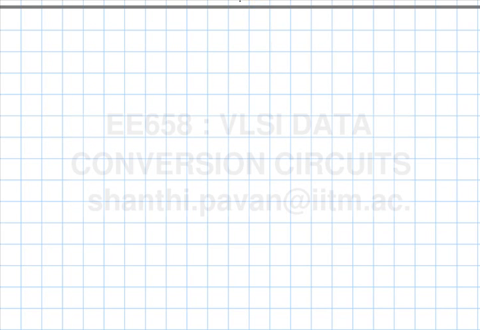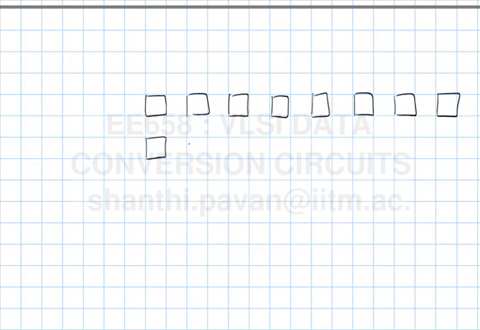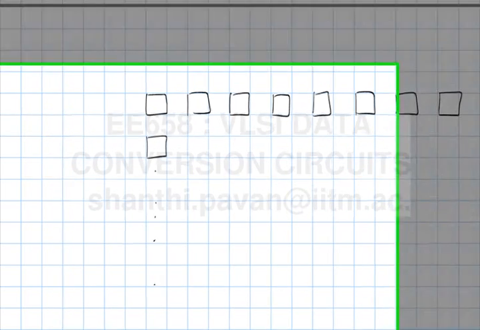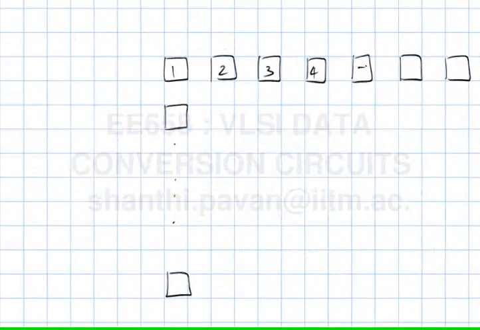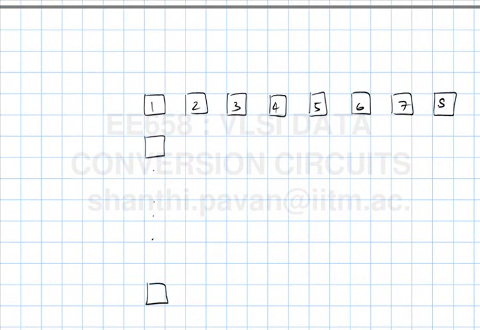So 6 bits is 3 sources, which is like 64. So 8 aside. Okay. So 1, 2, and so on.